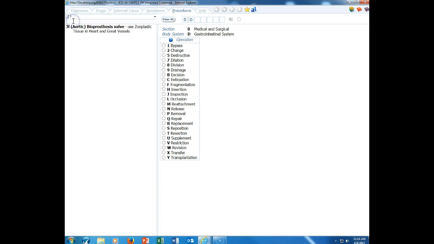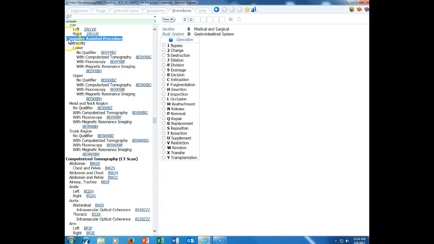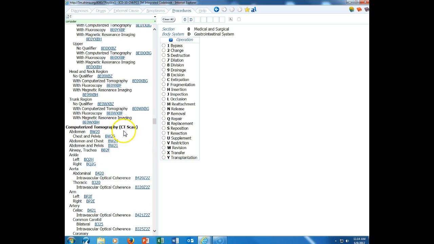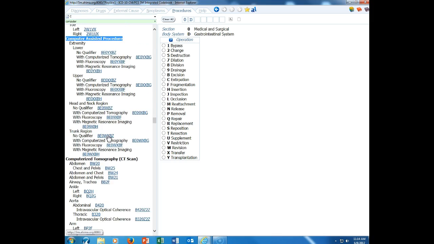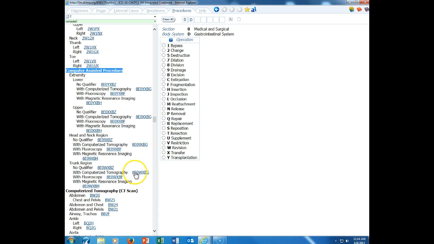And in the index, if I type computer-assisted procedure, you can see that there are many options here. Don't get confused with computerized tomography. This is a CT scan, and these are actually coding to a totally different section than medical surgical. So always pay attention to the codes and make sure you're not going someplace that you don't need to be.